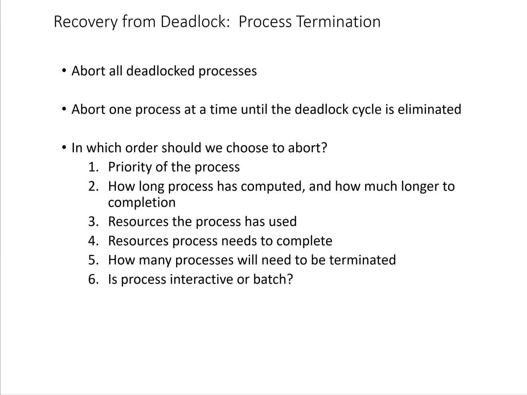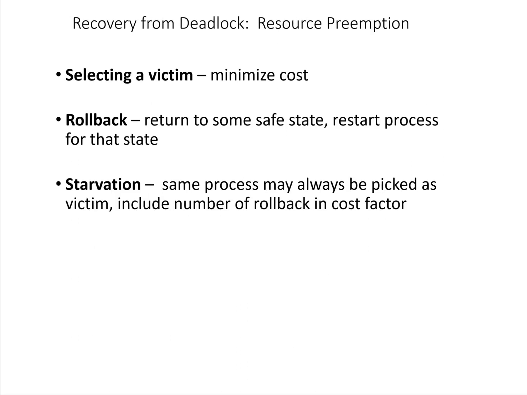How should we abort them? Well, priority, how long it's been going, and how long to completion if you know it. The resources being used, the resources needed, how many processes will need to be terminated, and is the process interactive or batch? More likely to kill all of them when you're doing a batch.